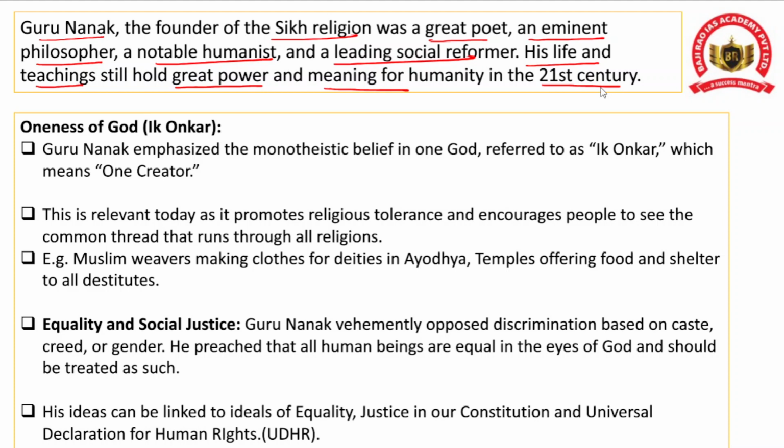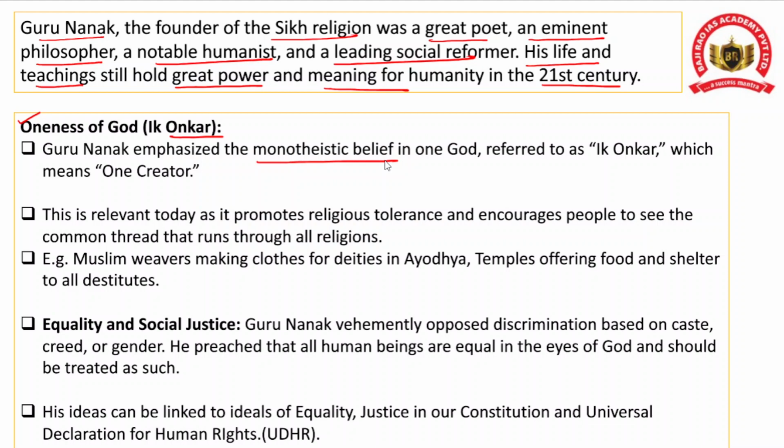one of the values which Guru Nanak Dev Ji emphasized is the oneness of God. It is Omkar, because he very often emphasizes monotheistic belief in one God. At that time there was a bhakti movement taking place, and there was clash and conflict between different religions.